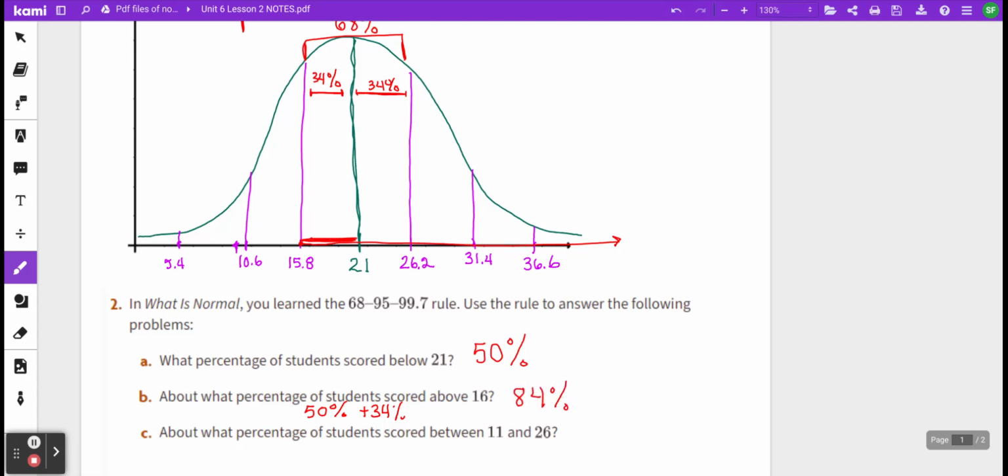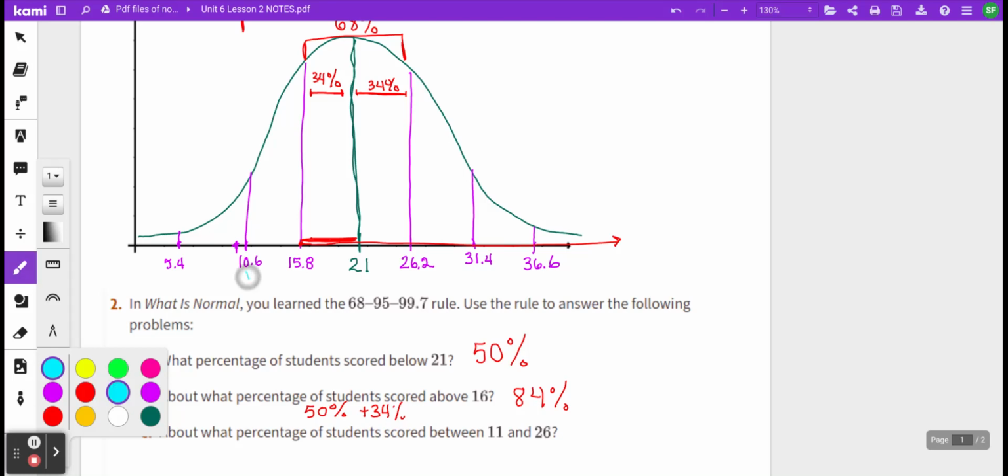Now the next one says how many of them scored between 11 and 26. Let me get a different color so it makes it a little bit easier to see. Okay, so we want to go from about right here to about right here.